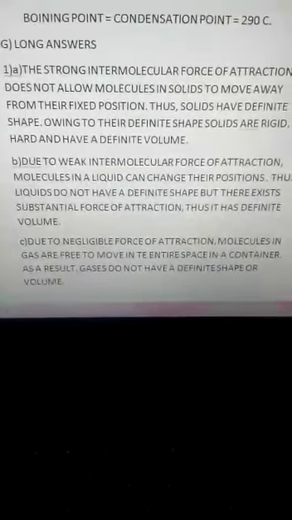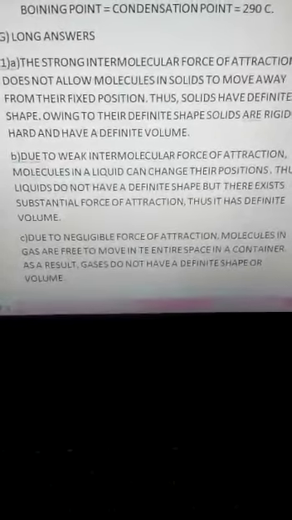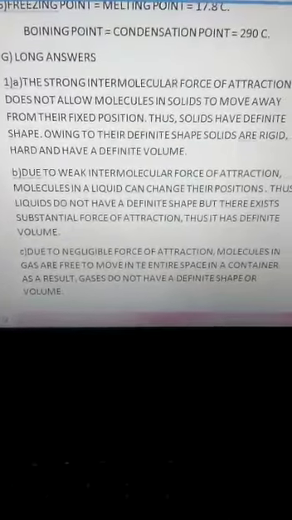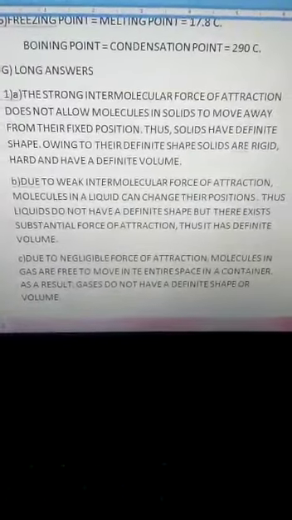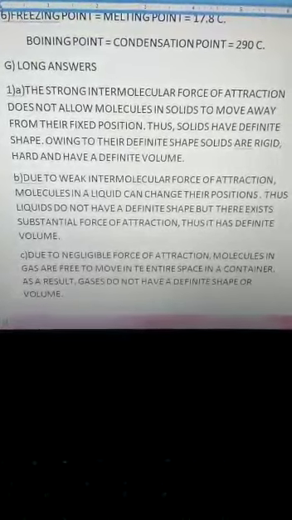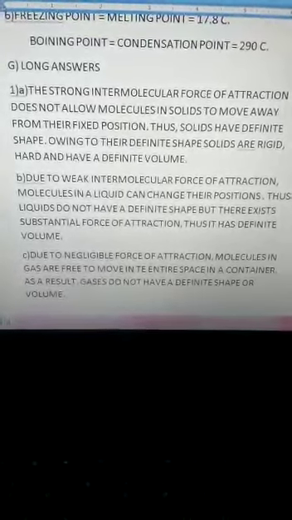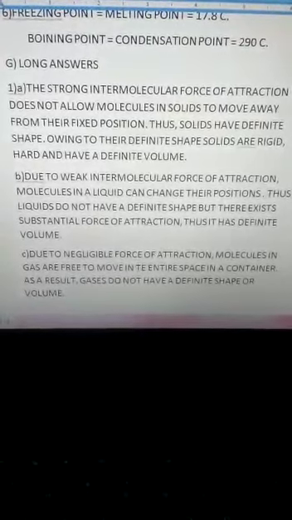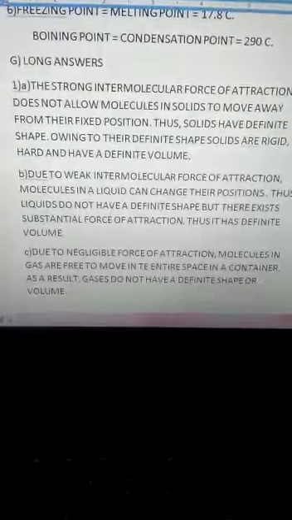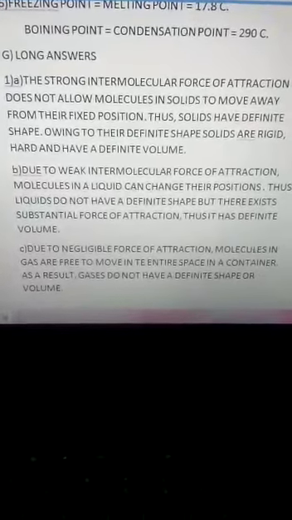Moving on to the long answers, we have to write on the basis of kinetic theory of matter, explain solids, liquids and gases. The strong intermolecular force of attraction does not allow molecules in a solid to move away from their fixed positions. Thus, solids have definite shape. Owing to their definite shape, solids are rigid, hard and have a definite volume.